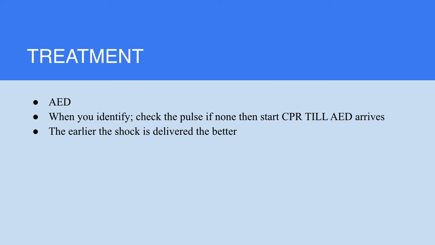So what's the treatment? The treatment for both, particularly when the ventricular tachycardia is appearing in a patient who is hemodynamically unstable, and ventricular fibrillation, both are known as shockable rhythms. So when do you shock?